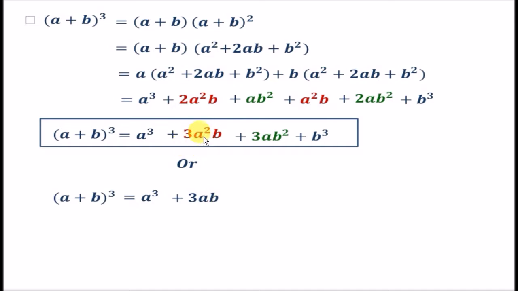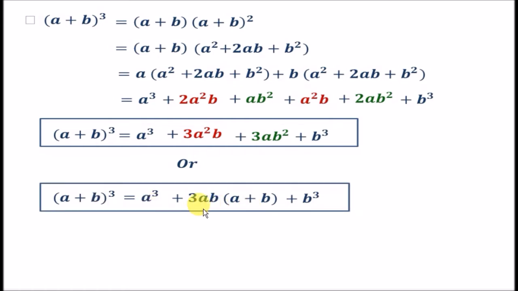From the first term, 3, a and b have been taken common, so 1a will remain, and from the second term b will remain. So inside the bracket we'll get a + b, 3ab into (a + b). So (a + b)³ can be expressed as a³ + 3ab(a + b) + b³. So this is our identity for (a + b)³. You can use any of the two forms.